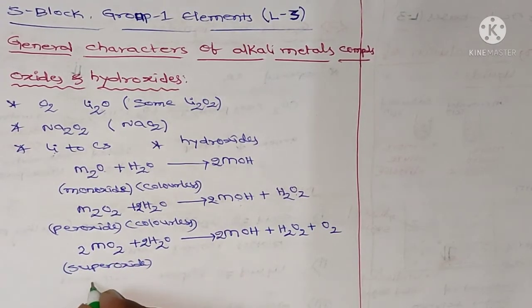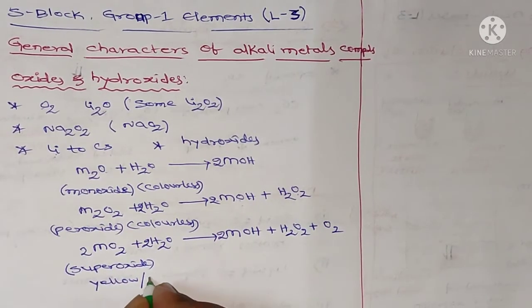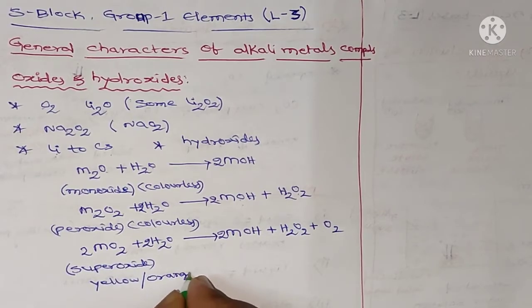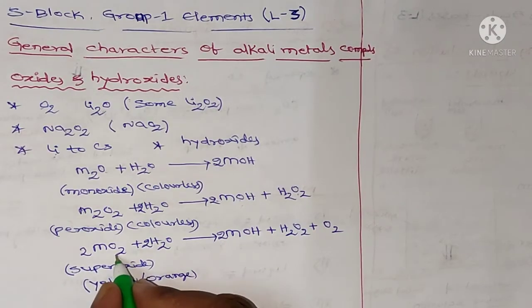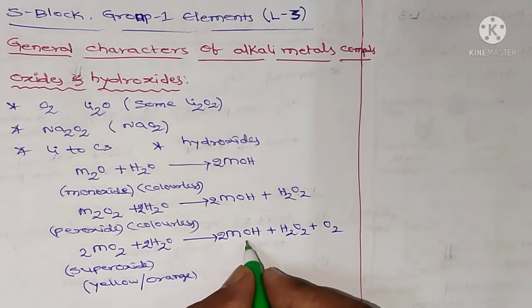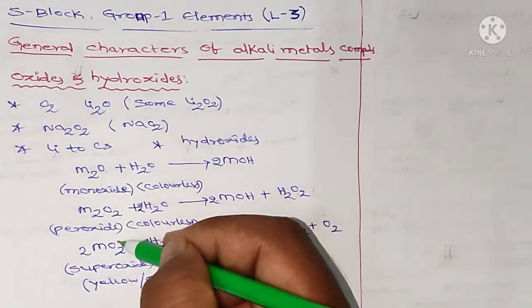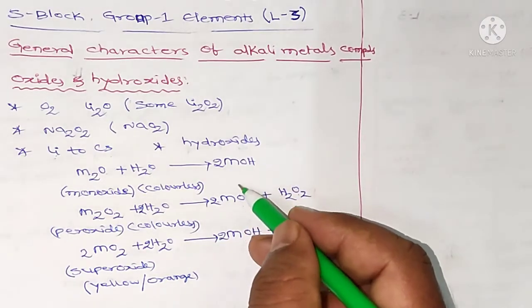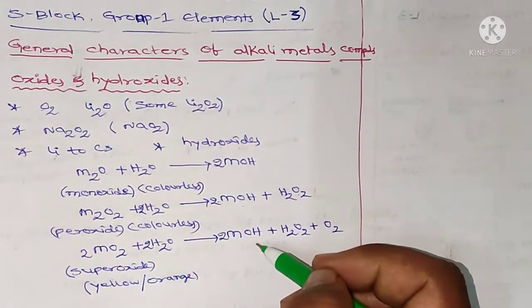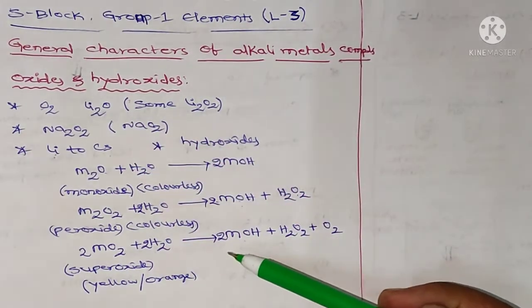This superoxide is yellow or orange in color, and it reacts with water to form metal hydroxide. So the oxides of first group metals react with water to form hydroxides, and these hydroxides are crystalline solids. So this is about oxides and hydroxides.